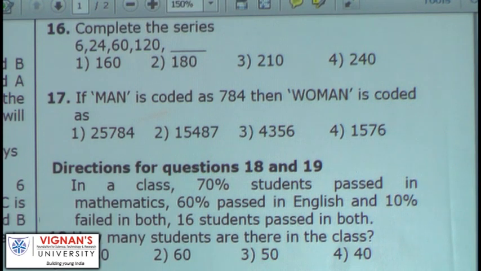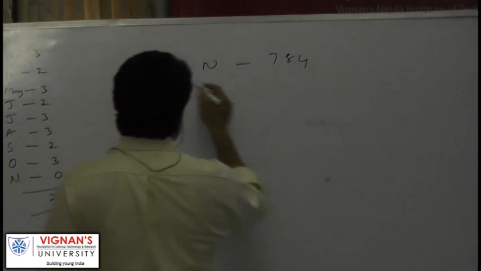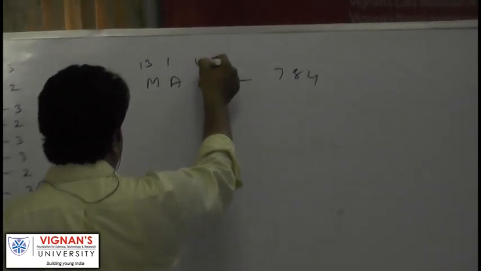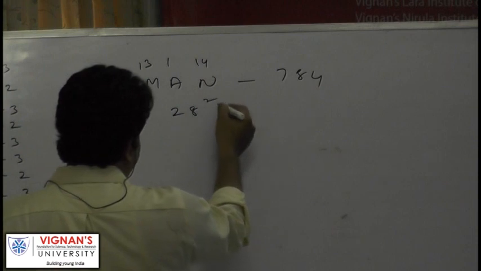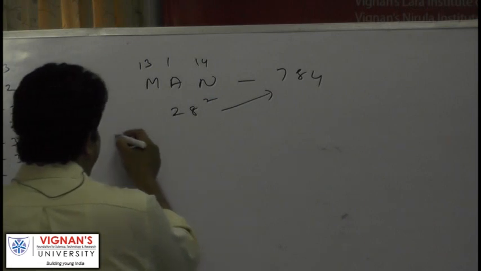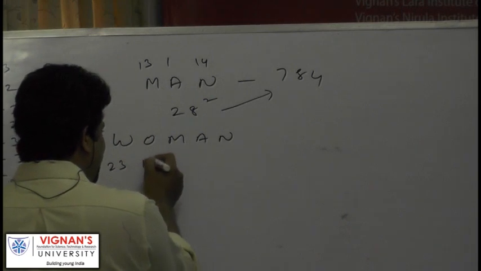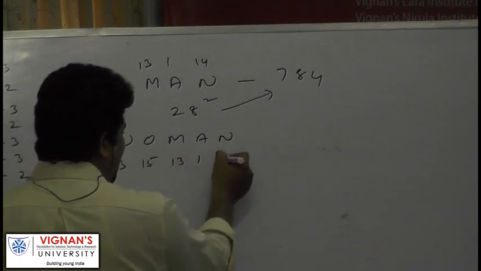Man is coded as 784, then woman is coded as what? Thirteenth letter, first letter and 14th letter, total is 28. 28 square is 784. Now woman: 23rd, 15th, 13th, 1 and 14.